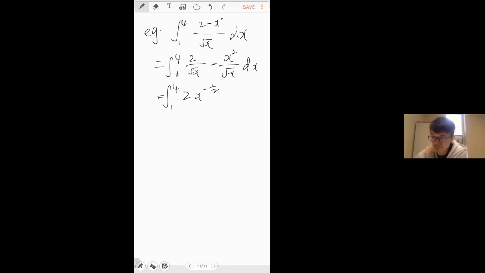And it's 2 times that. I'm going to split them up like this. What about the second term? X squared divided by root x. Okay, it's x squared times x to the negative 1/2.